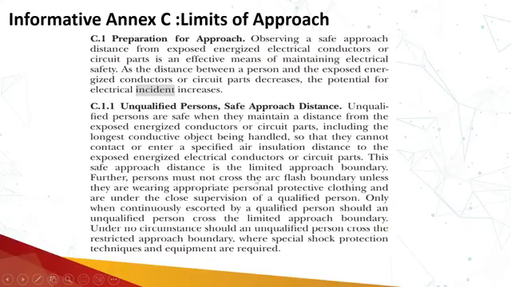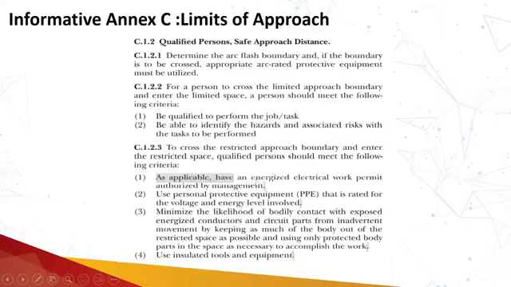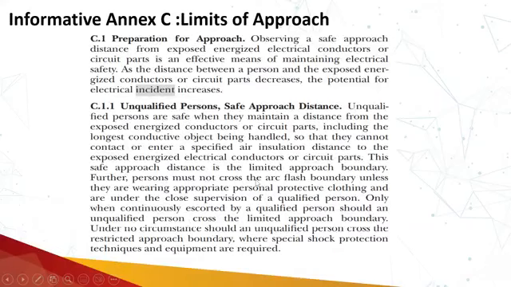Further, a person must not cross an arc flash boundary unless they are wearing appropriate personal protective clothing and are under the close supervision of a qualified person. So here they say that an unqualified person can cross an arc flash boundary, but they need to wear appropriate personal protective equipment, PPE, rated for that incident energy level, and be under the close supervision of a qualified person.